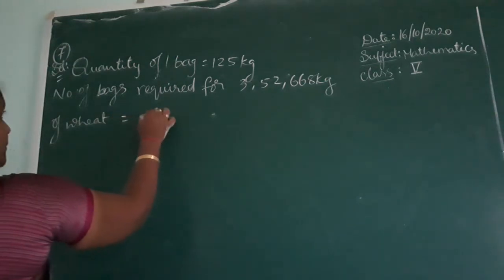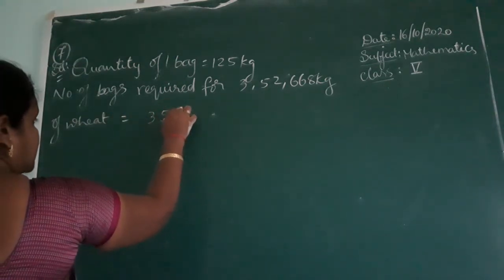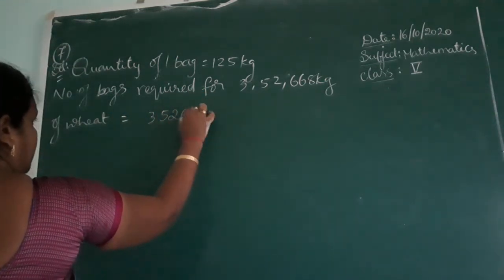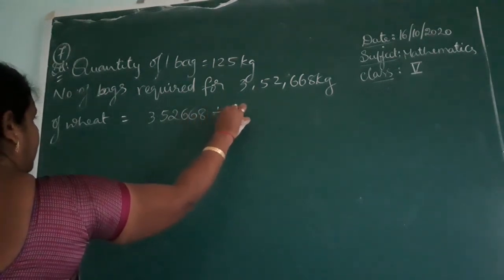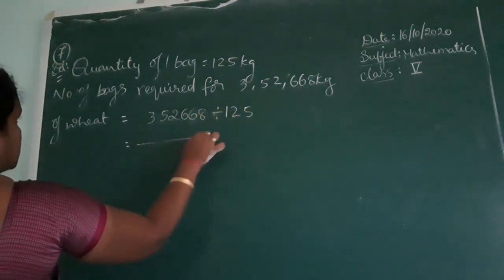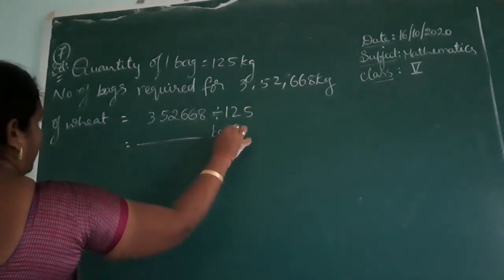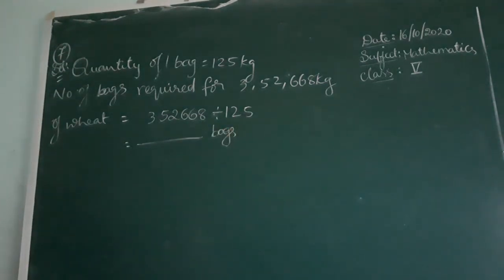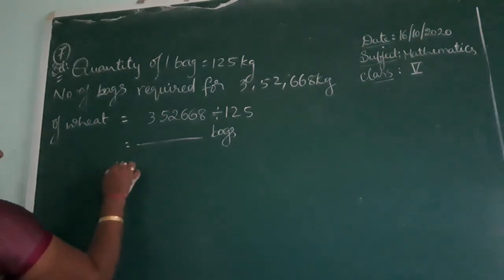So what you have to do? 3,52,668 divided by 125. What answer you get, that many bags were required, and the remainder which you get, that much wheat was left in the godown. Okay, see.